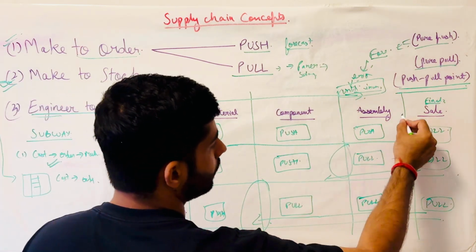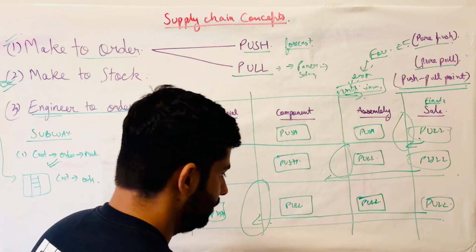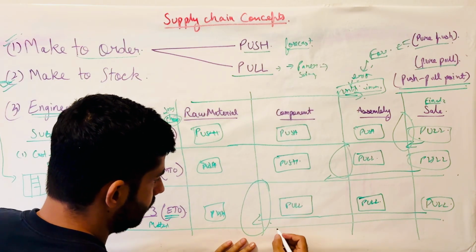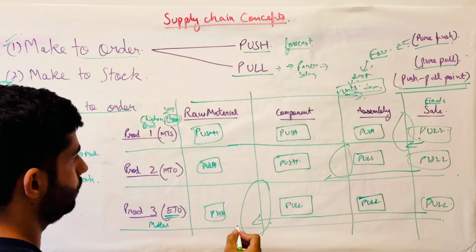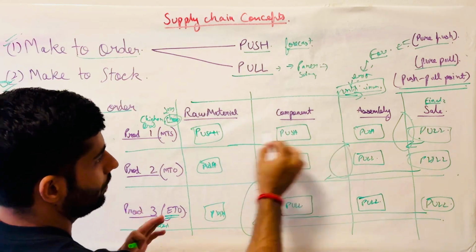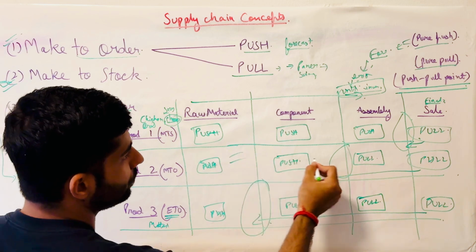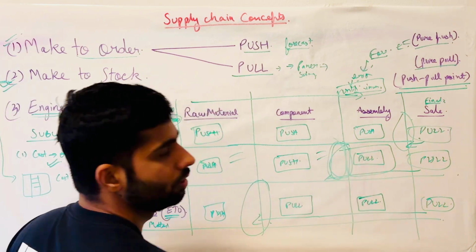Let's say you have certain things that you have forecasted. In this case we'll talk about the MTO. You forecasted this, but you have not forecasted this. Thus this becomes your push pull point.